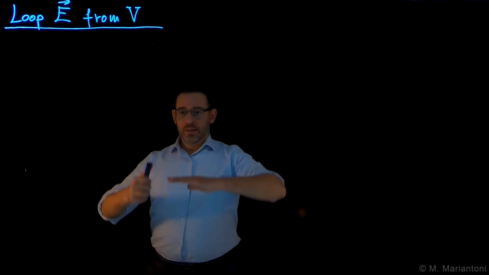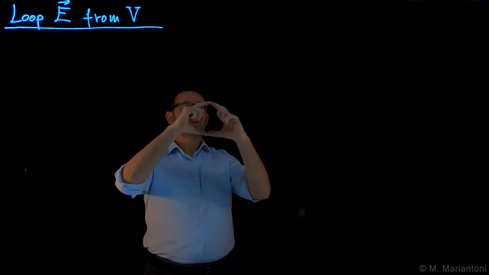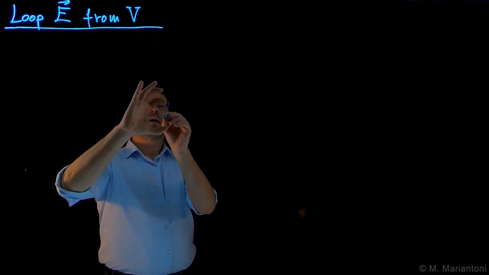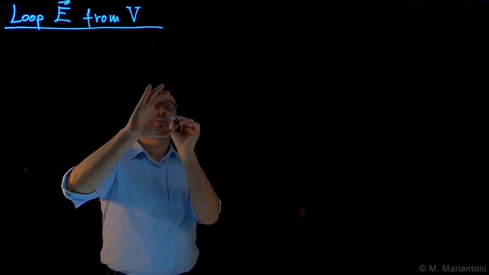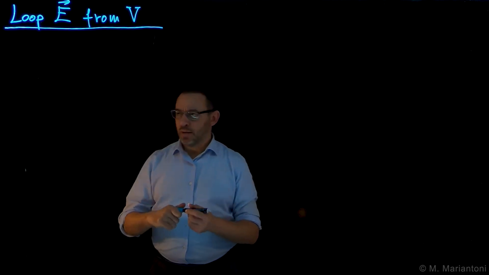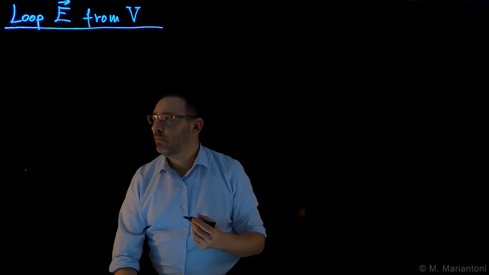So in 3D, the loop again. If this is my loop, I want to find the electrostatic field on its axis, so normal to the surface which contains the loop. So in 3D, let's sketch it as follows.